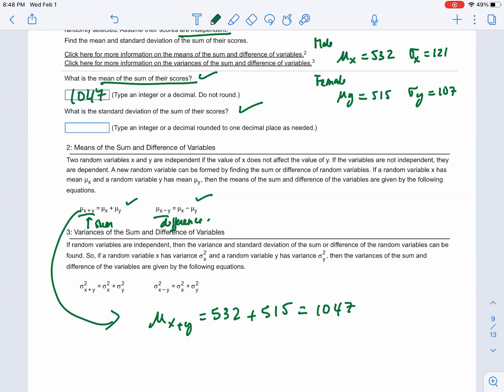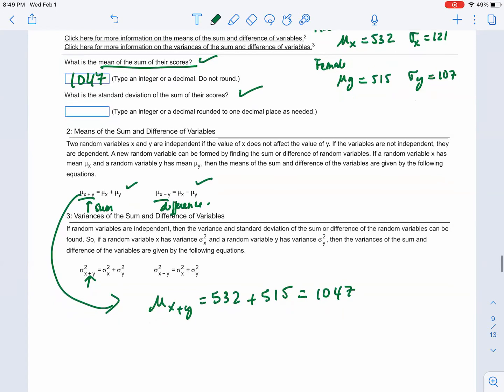Now for the standard deviation, I need to do sigma X squared plus sigma Y squared. But what I have here is sigma of X. So I need to square each one of them and then add. So sigma squared of X plus Y is equal to sigma X squared, 121 squared, plus 107 squared.